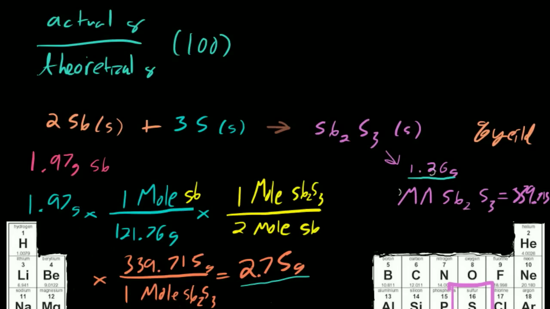Let's plug in our numbers. We have 1.26 grams divided by our theoretical yield, which is how much we could have gotten if we had 100% efficiency from this reaction. Our theoretical yield is 2.75 grams, and then we multiply that by 100 to get our percent.